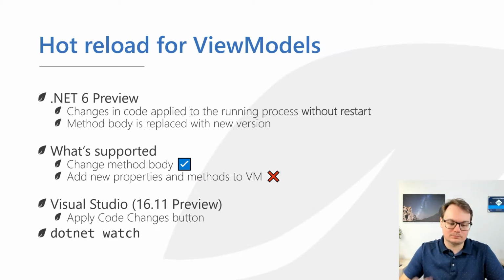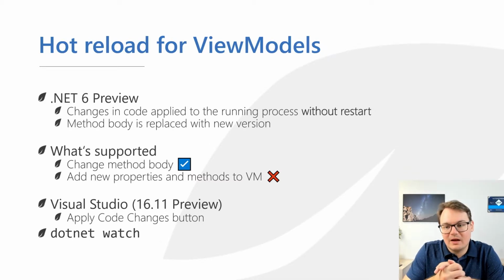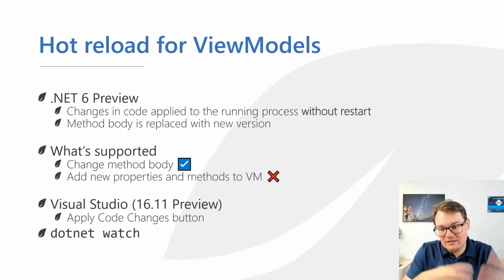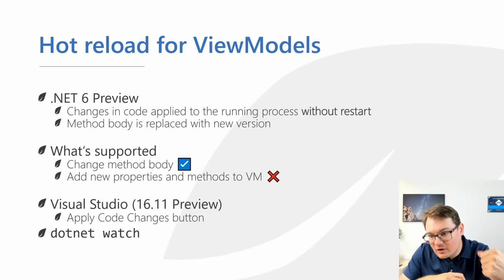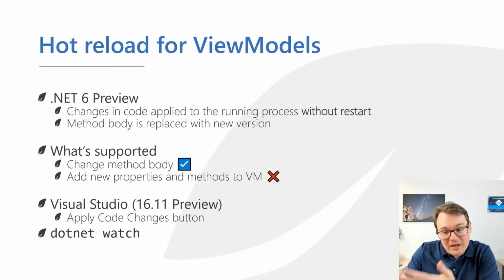And basically what happens is that when you change the code and save the changes, then .NET Watch will take these new files and try to compile them, but it won't kill the web application and start a new process. It will just send the code changes to the process and modify the code inside of the running process.